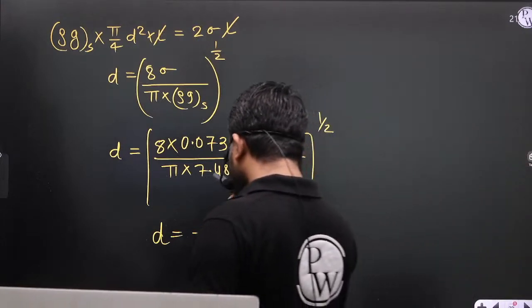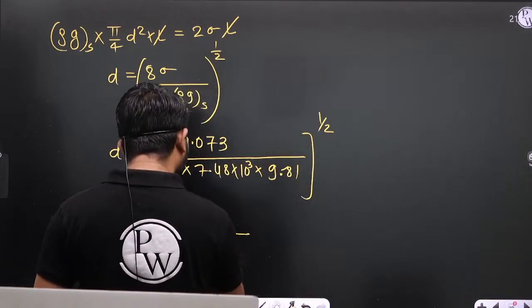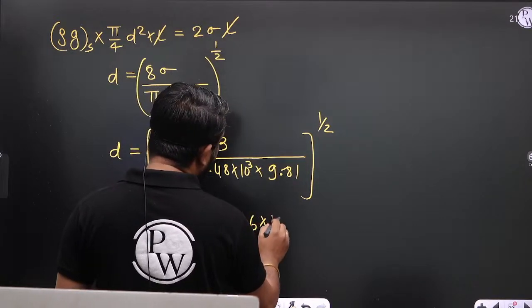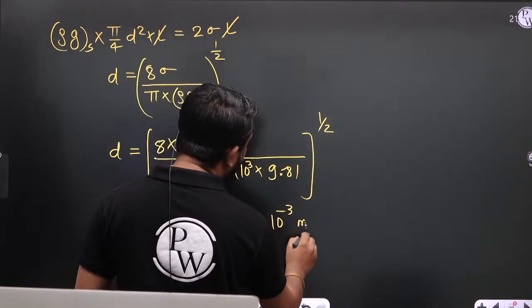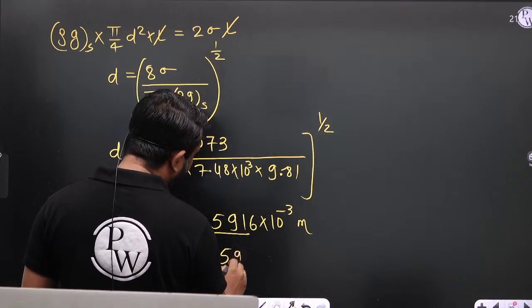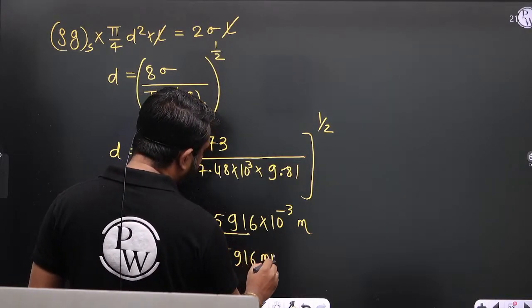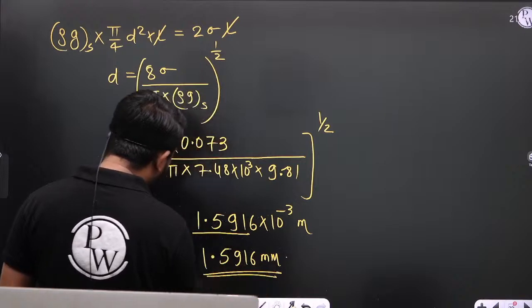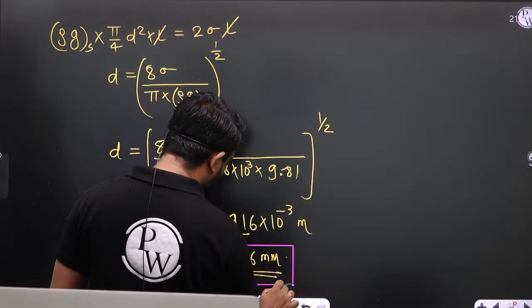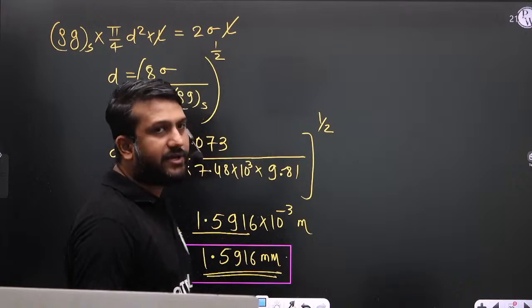So I think this comes to 1.5916 into 10 to the power minus 3 meter. So in millimeter it is 1.5916 millimeter. This is the maximum diameter of the needle.